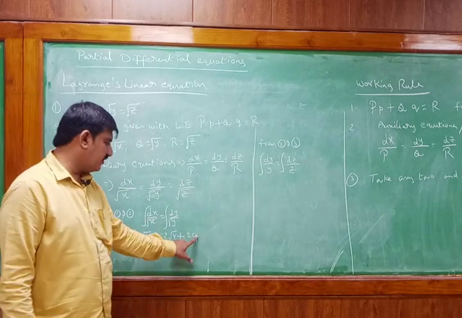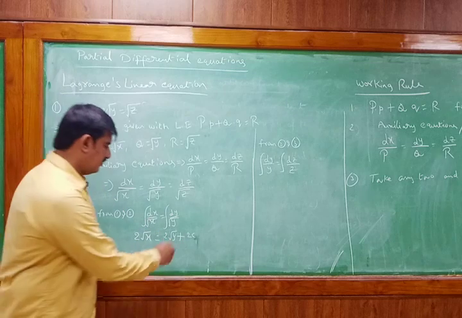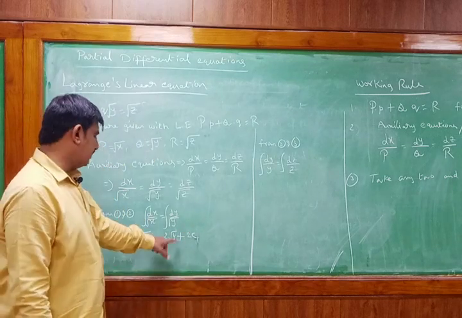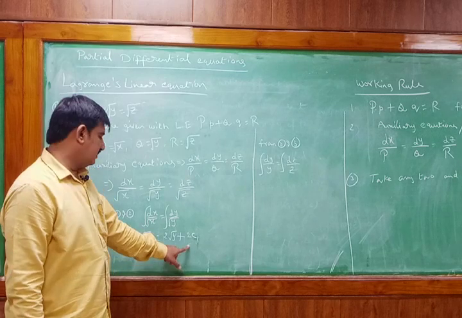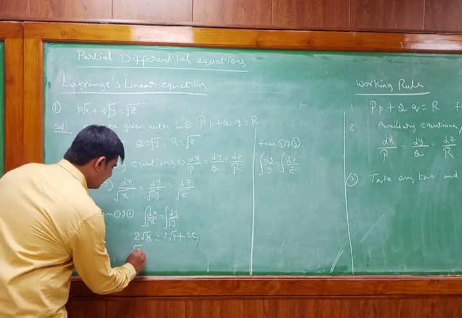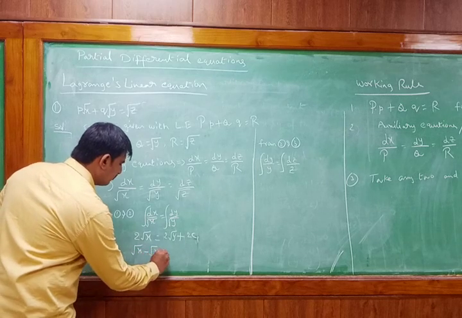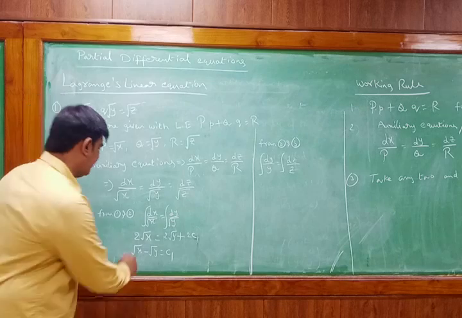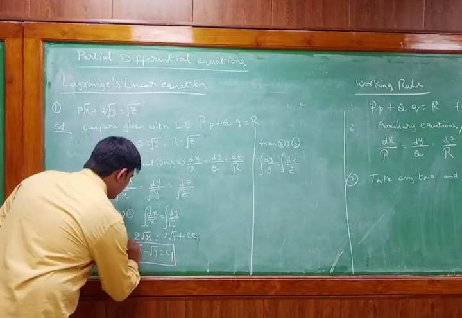According to our convenience, you can take the constant. Sometimes we take log, sometimes we take 2, no problem. So all the sides 2 get cancelled. Root x minus root y is equal to C1, or you can write root C1 also, no problem. So root x minus root y equal to C1.